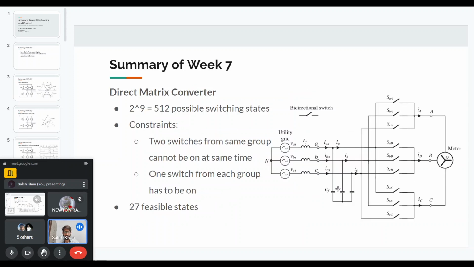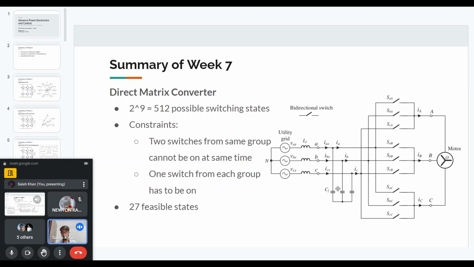Now I'll come to the matrix converter, or direct matrix converter. First of all, a matrix converter is an AC to AC conversion, usually polyphase AC to polyphase AC. That means we can have three-phase AC to three-phase AC, or more than three-phase at one side and more than three-phase at the output side as well.